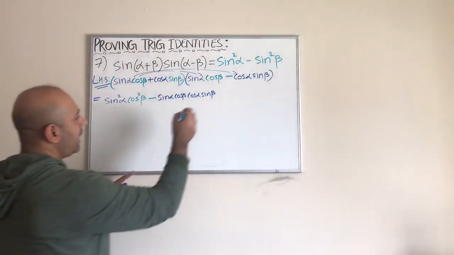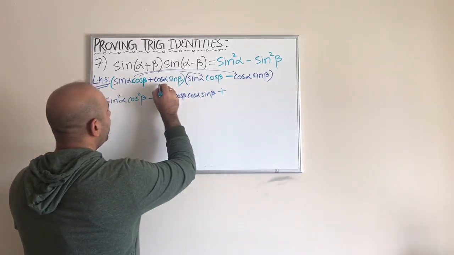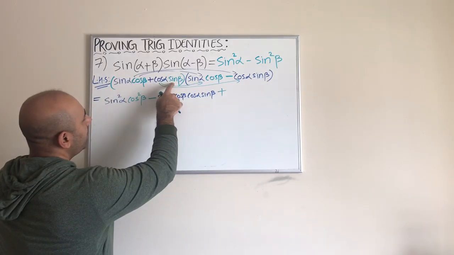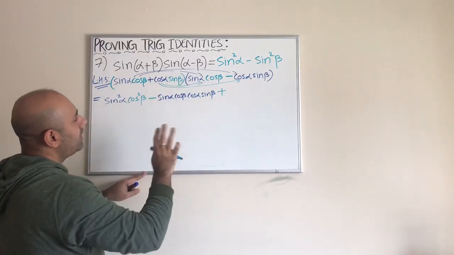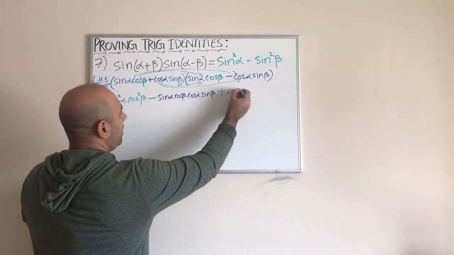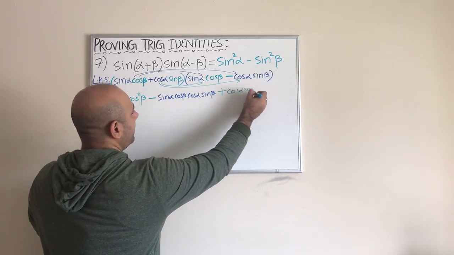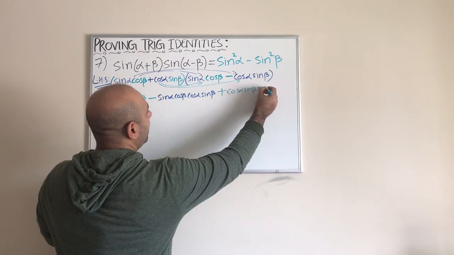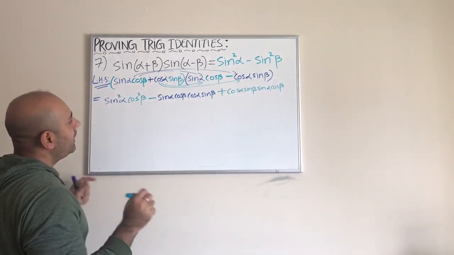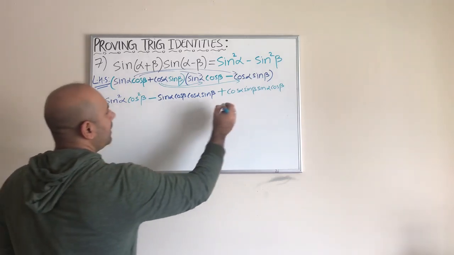Let us move on to the next one. Guys, plus, then we've got to take care of this, then this times this as well. So cosine alpha, sine beta, sine alpha, cosine beta. Again, there's no room for simplification. You just have to write it out. So it's cosine alpha, sine beta, and sine alpha, cosine beta. Okay, and then the last term is minus.